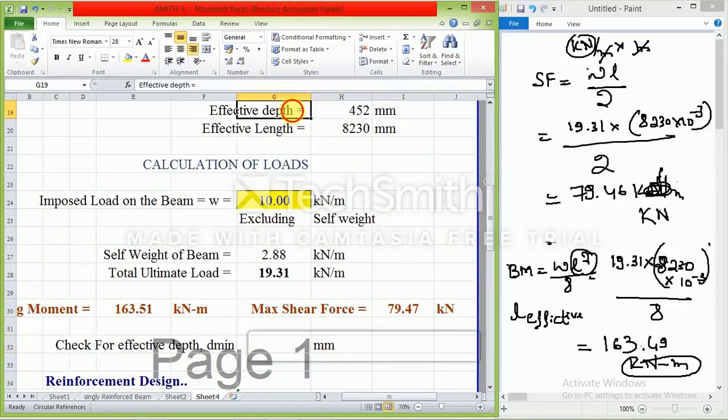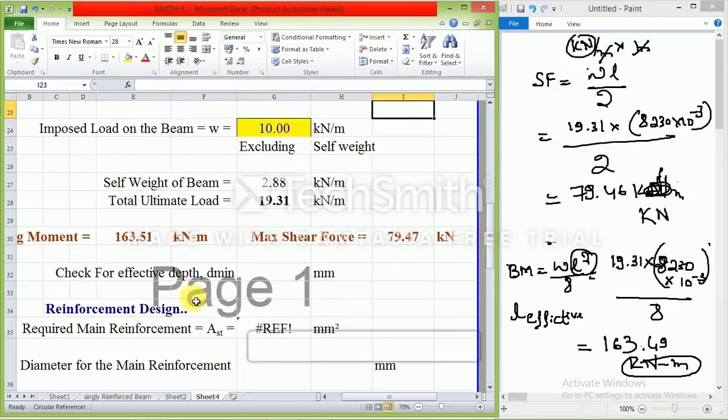Okay, effective depth, I am just making this as provided. And this is the limiting value. Effective depth is the limiting value. The answer I am going to obtain here should be less than what I have provided. Okay, not an issue. I'll explain it very clearly in the manual section.